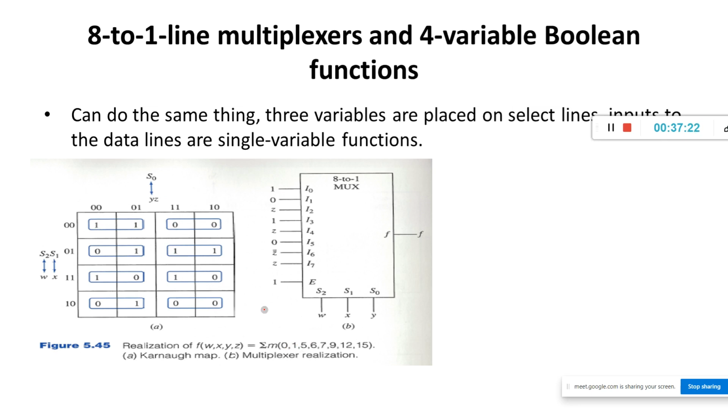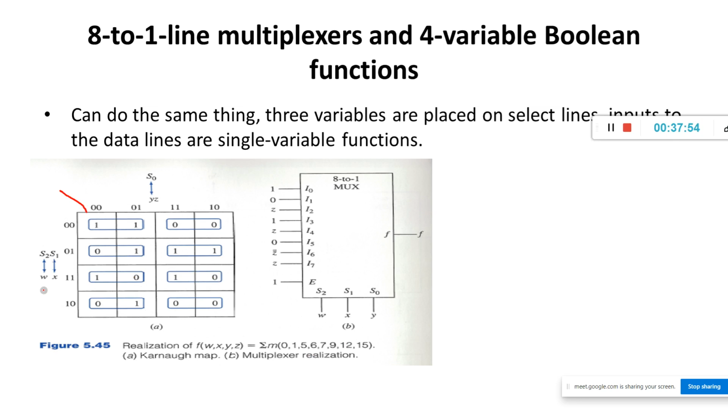Next 4 is not given, 5 is given, put 1. 6 is given, put 1. 7 is given, put 1 here. 8 is not given, 9 is given, 10 and 11 are not there, put 0. 12 is given, put 1. 13 is not there, put 0. Next 14 is not given, put 0. 15 is given, put 1. Just like K-map, put these functional values.